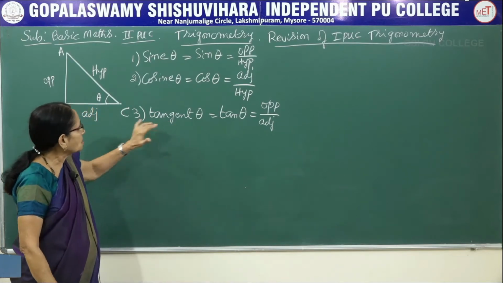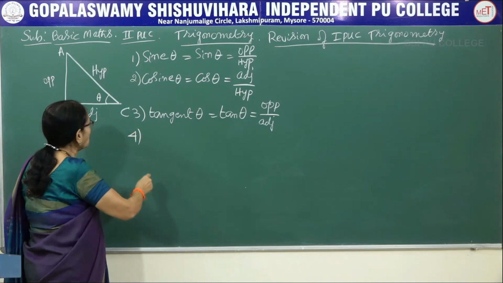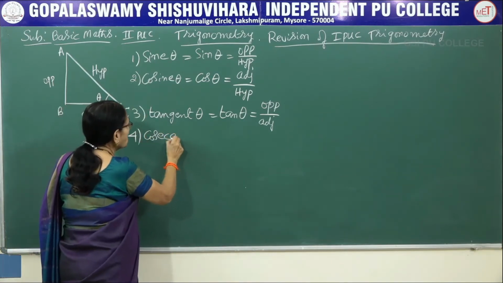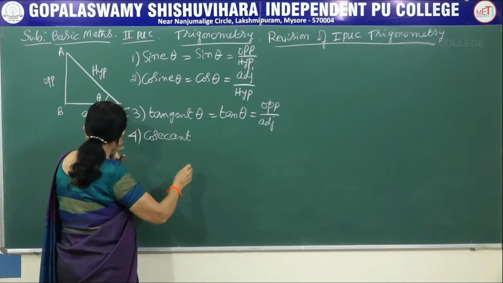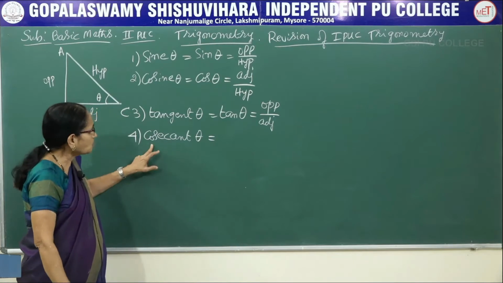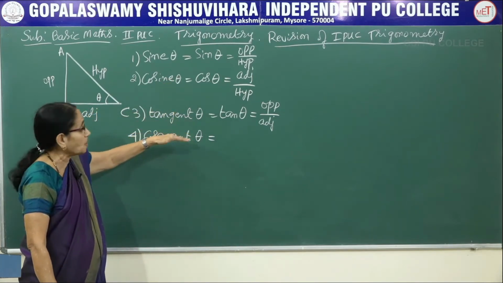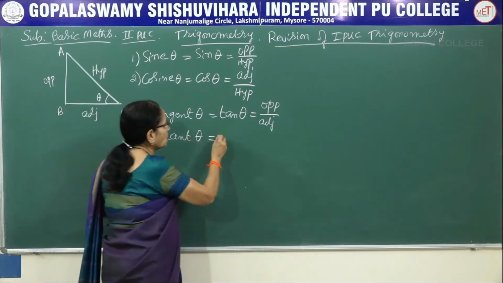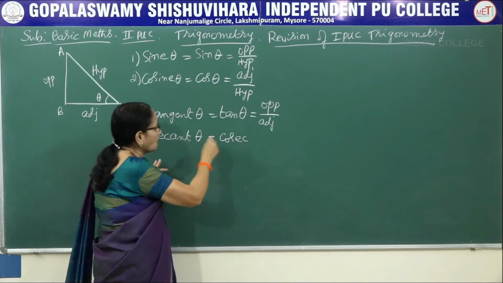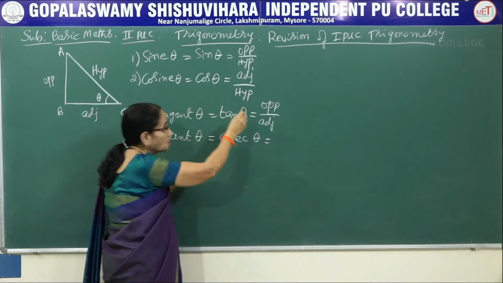These are the 3 ratios. Next we will be considering the other one, which is called cosecant theta. Usually we take 3 alphabets, but here we are taking the first 5 letters, because if we take only cos, it has already been defined.